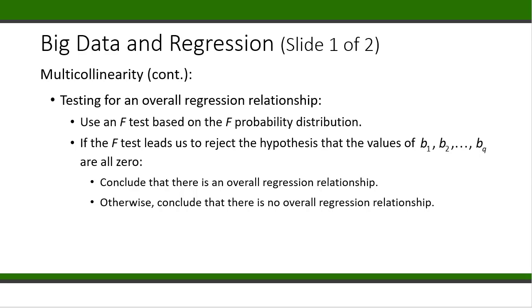So what we're going to talk about here is an F statistic, and the F test is based on the F probability distribution. The way it works, it helps us to decide whether we reject the hypothesis that all of the betas are 0. So the F test will help you say there is an overall regression relationship or there isn't.